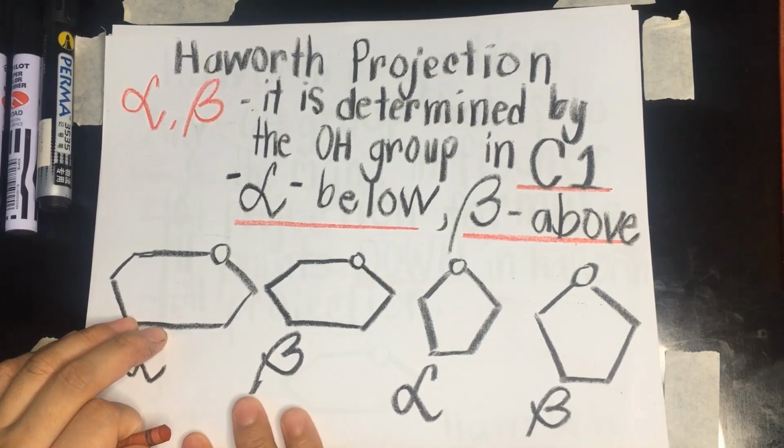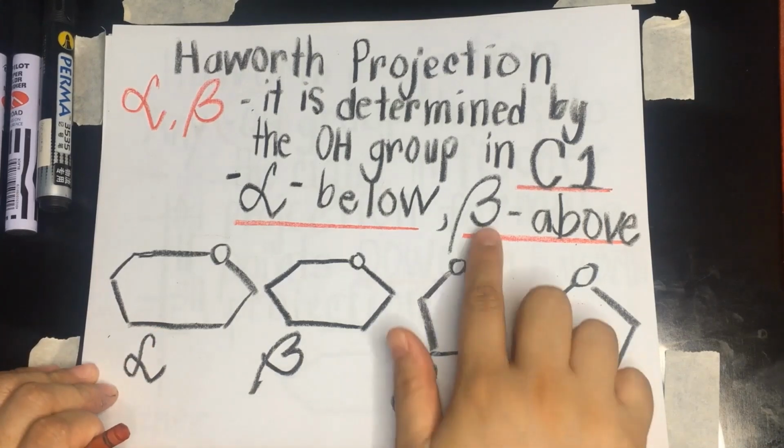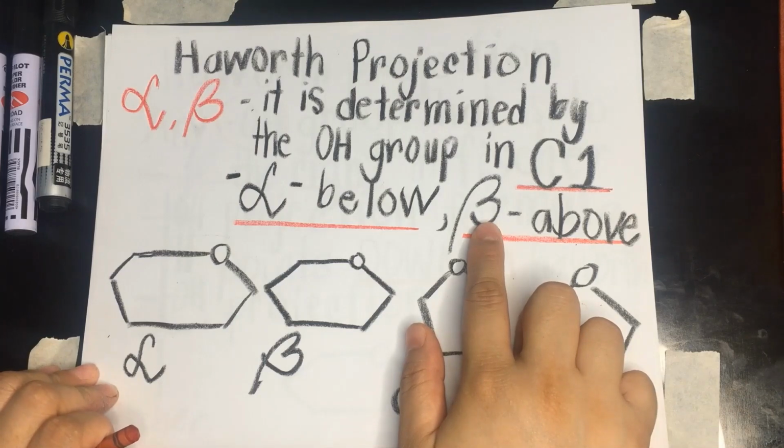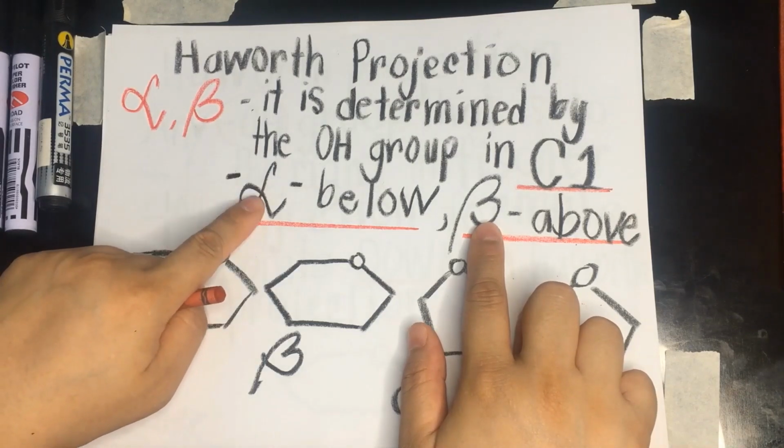Alpha, I used to memorize it in our own dialect: ilalim, lalam, lalim. So, this is located below. Beta, on the other hand, for me, looks like the letter B. And so, babaw, ibabaw, above. That is how I memorize the alpha and the beta configuration.